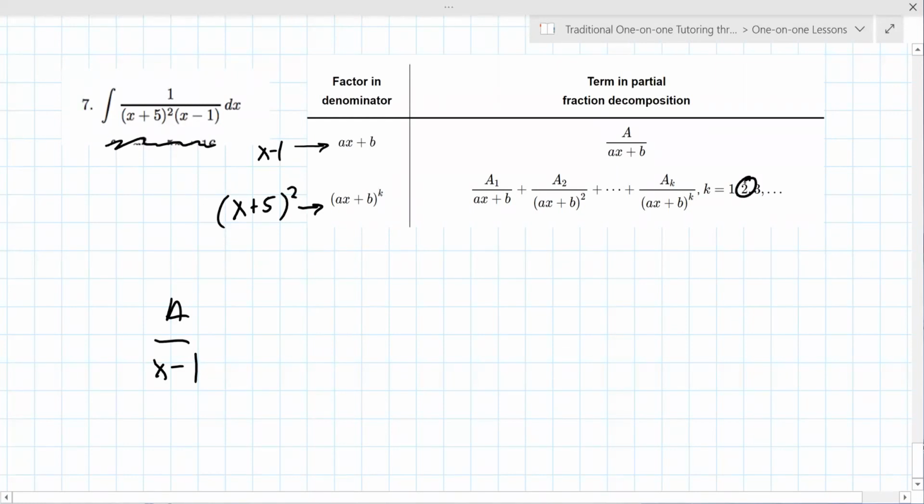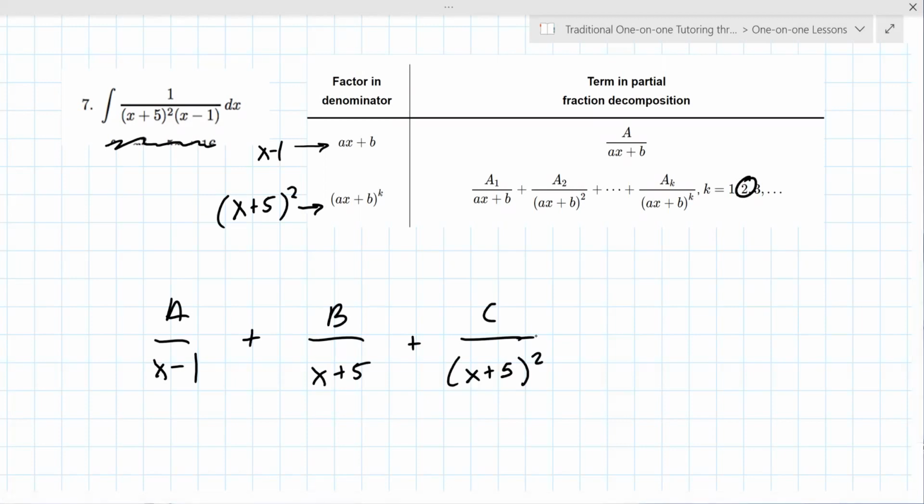So here you do B over x plus 5 plus C over x plus 5 squared. I have seen in college exams where they put something like 7 here and they want to see that you know how to write it out. What will your instructor do? I don't know. But without this reference, I don't know how you do this. I don't remember this stuff.